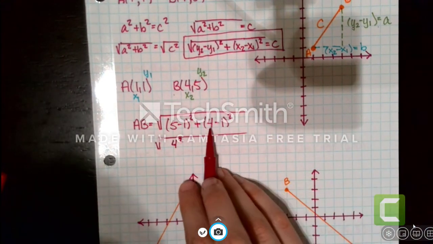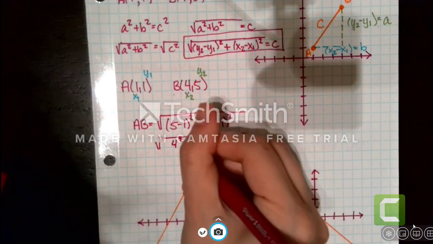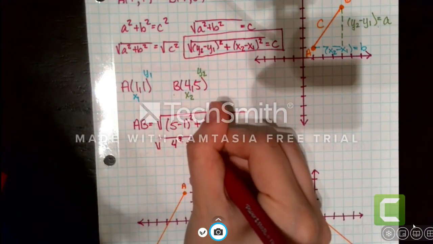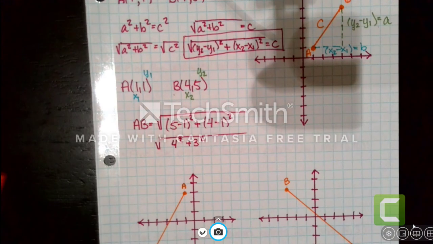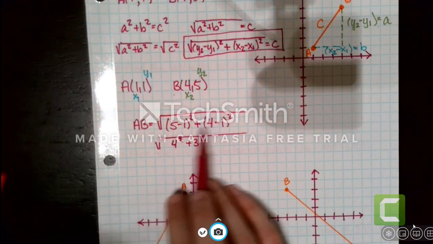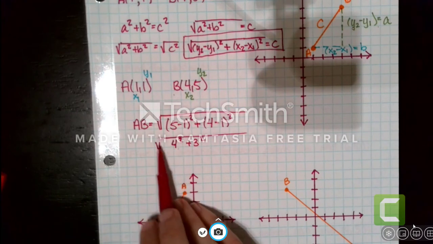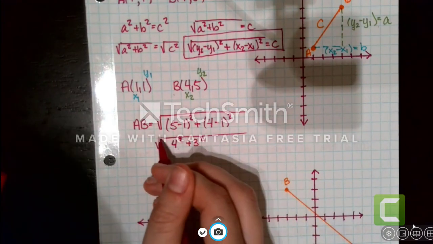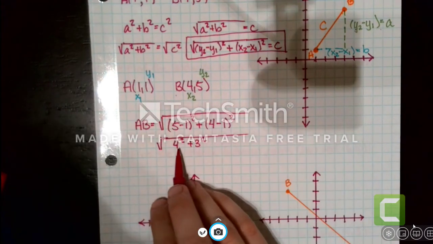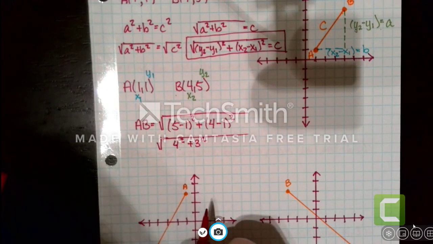And again, 4 minus 1 is 3. So add 3 squared to the right of your value. At this point, you should have no parentheses remaining in your square root. We're going to be focusing now on squares and square rooting as our operations. 4 squared gets you 16, and 3 squared gets you 9.